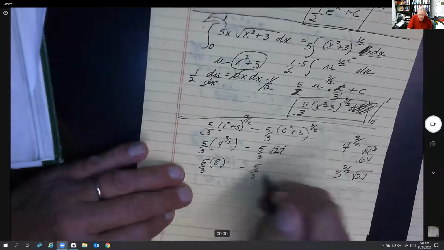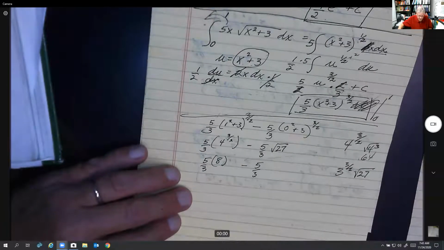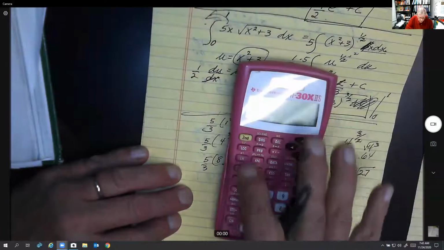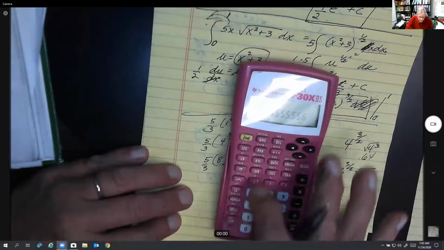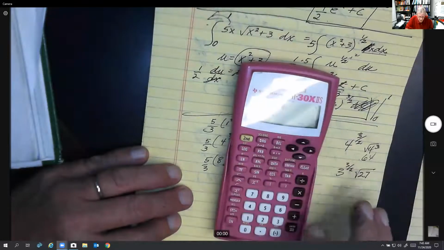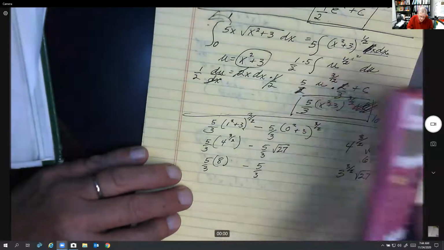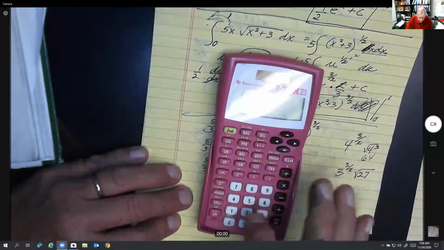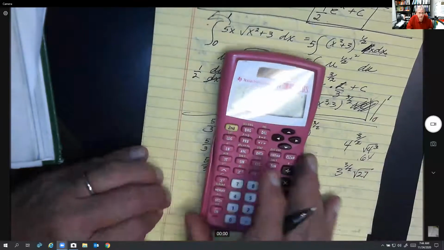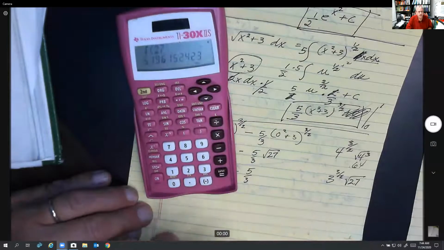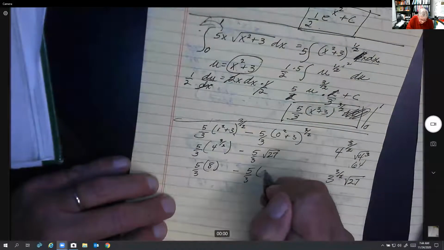So let's find out what the square root of 27 is. It equals 5.2, close enough.